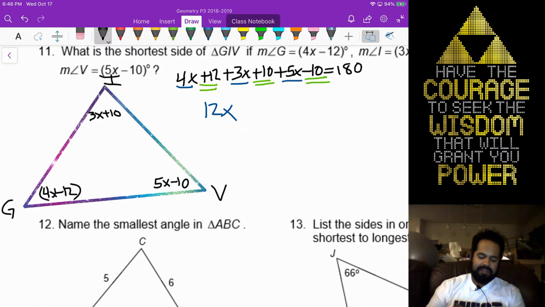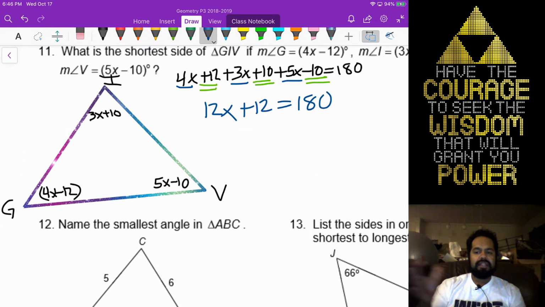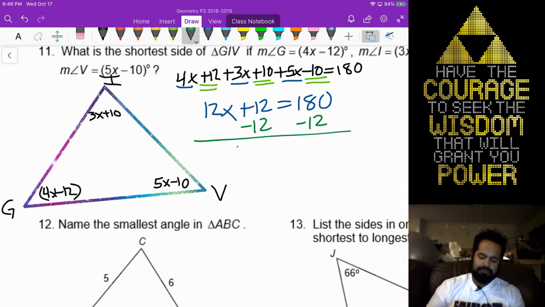So all I'm left with is plus 12. Alright, so now let's take away 12 from both sides. Alright, and then now we're going to go ahead and divide both sides by 12.